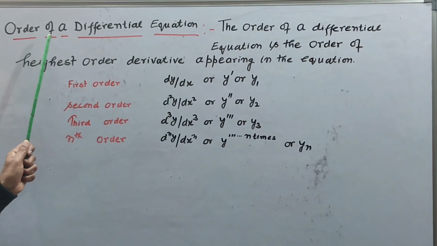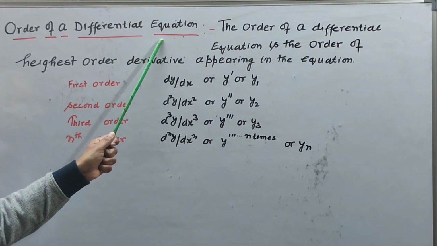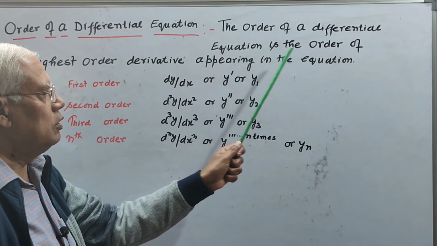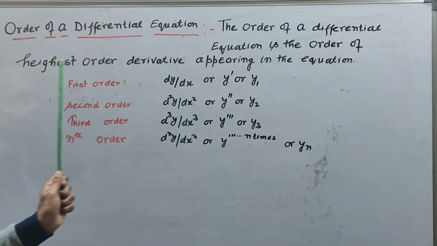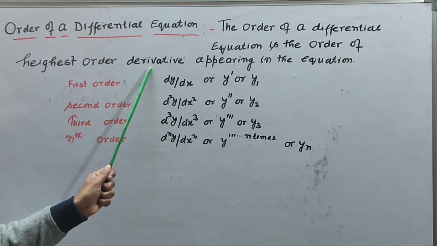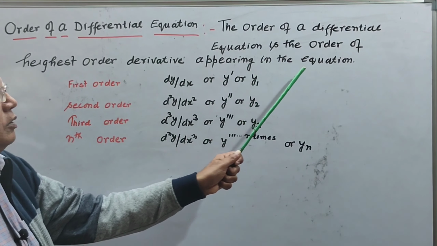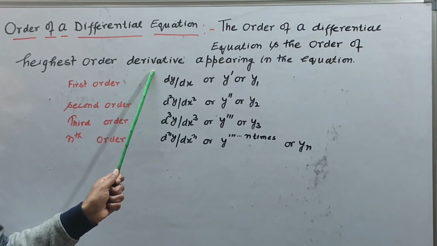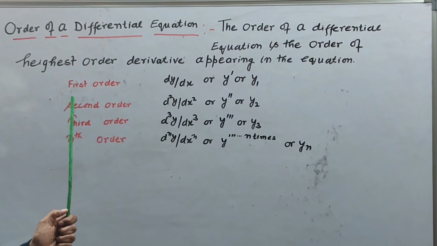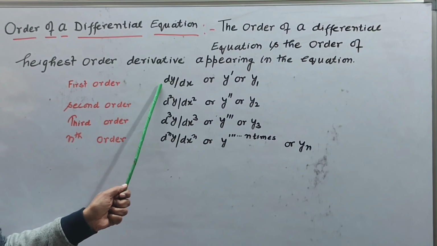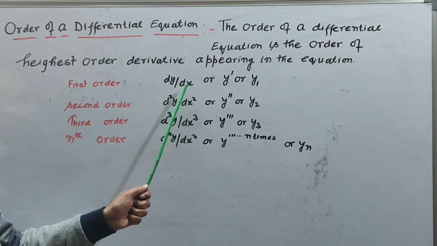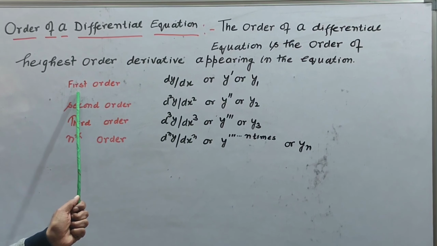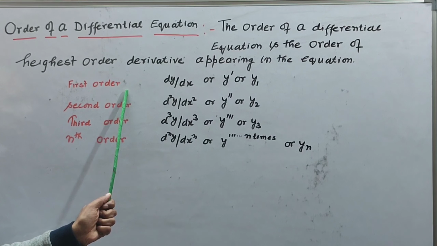Now, order of a differential equation. The order of a differential equation is the order of the highest order derivative appearing in the equation. Highest order derivative means, suppose in the equation we find dy upon dx or y dash or y1, it means it is first order.